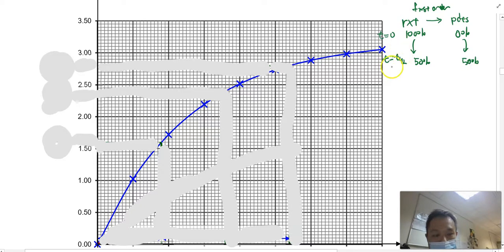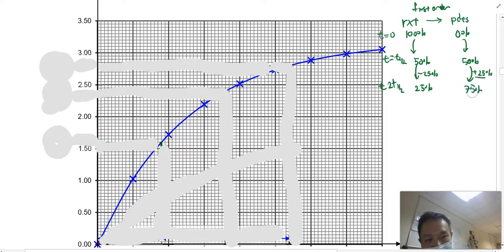When it's 2 t half, this becomes 25% of your reactant remaining. How do I get the next one? I will add 25% to my products, because when I subtract 25%, I add 25% to my products, and therefore I get 75% of my products. So that's the second t half.